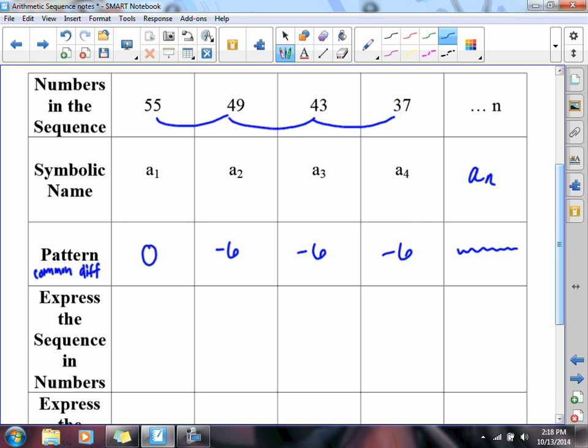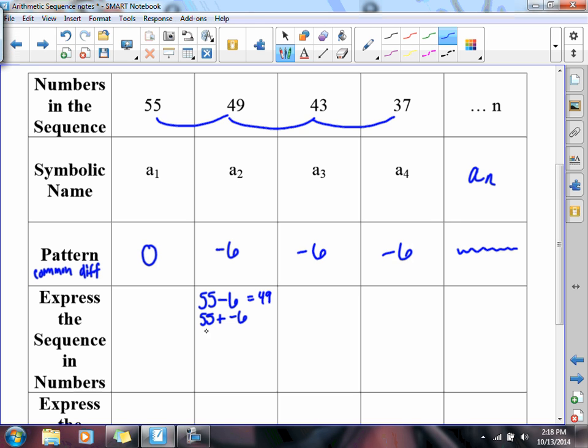So what I'm really doing to go from 55 to 49 is taking 55 and subtracting 6. So I'm really doing 55 minus 6 to get that 49. And we could even think of that as 55 plus a negative 6 if we wanted to.